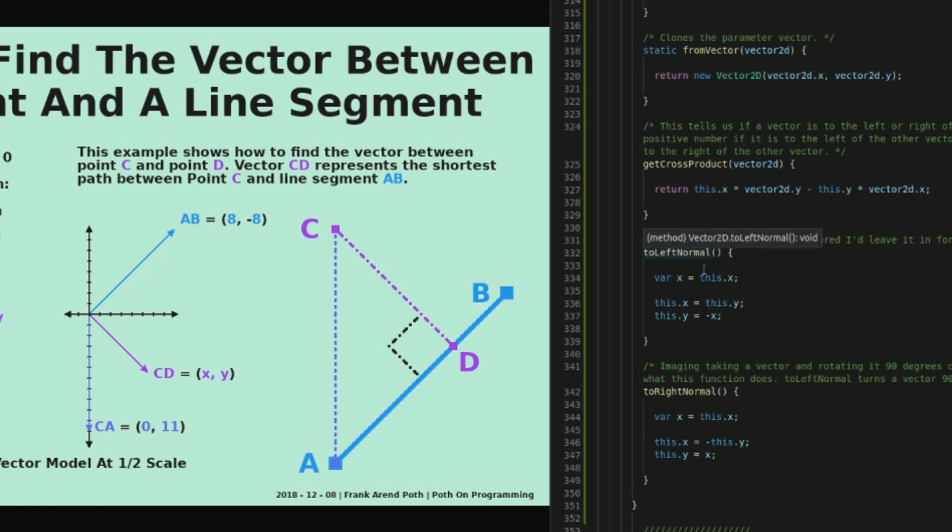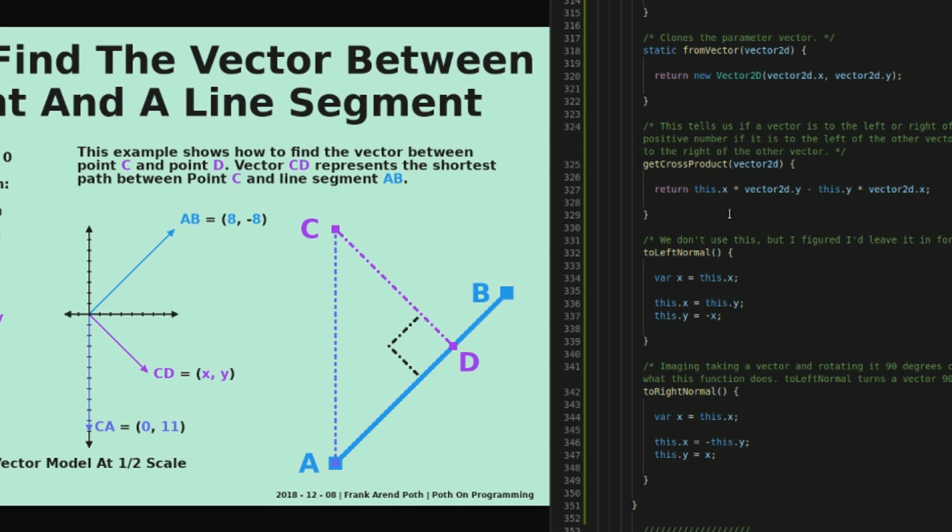If we were going to take AB and rotate it to the left 90 degrees, we would set its x value equal to its y value and its y value equal to negative its original x value. If we were going to rotate to the right 90 degrees, we would take its x value and set it equal to negative its y value, and then set its y value equal to its original x value to get AB to rotate 90 degrees to the right.